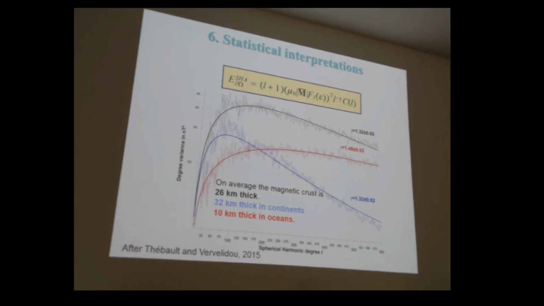And this power spectrum depends on magnetization, crustal thickness, and a kind of power law that is the structural index of the crust. Nobody knows exactly what this structural index means, maybe nothing, but if you take the full power spectrum of the crust and you split between continents and oceans, over oceans, structural index is very different from the continent.